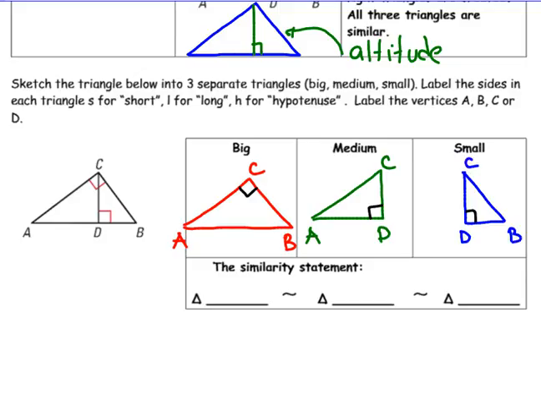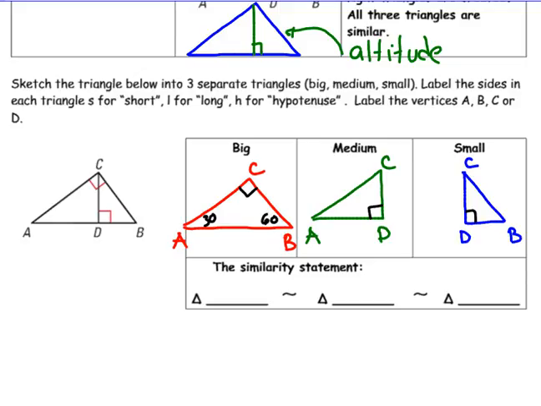So a helpful way to write the similarity statement is to come up with two numbers, let one of them be smaller than the other, and put those numbers in your large right triangle. So let's say this angle is 30, let's say this angle is 60.